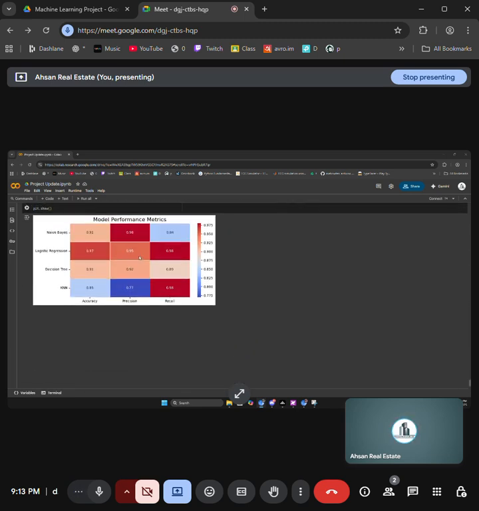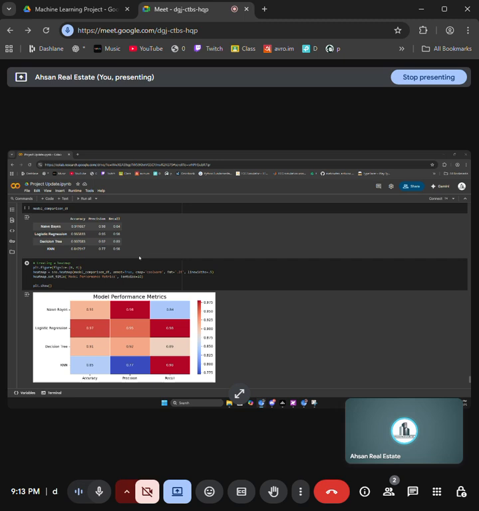Here we can compare the accuracy, precision and recall. Naive Bayes got 0.91 accuracy with a precision of 0.98 and a recall of 0.84.